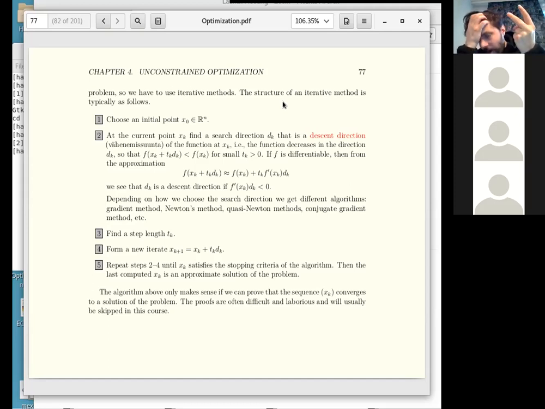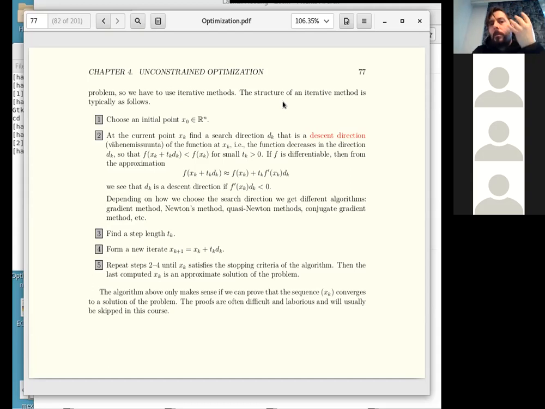It means that you want a direction which, at least with some criterion, looks like the function is going to get smaller when you go in that direction. You determine the step length, meaning how far along that line you go. And then you just go that way and repeat until you reach the stopping criterion. So basically these four things determine what algorithm we are doing.